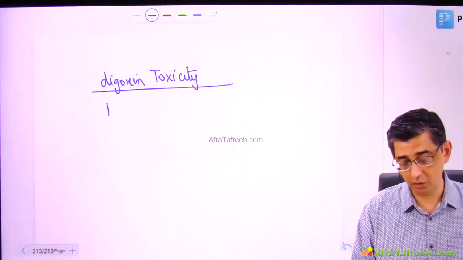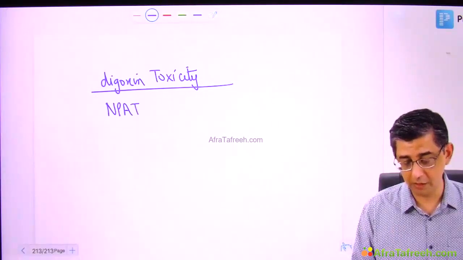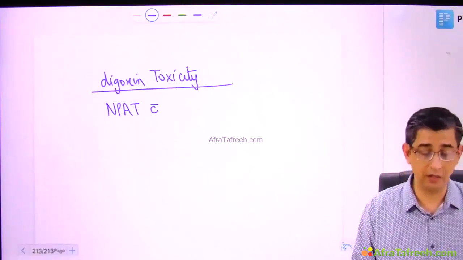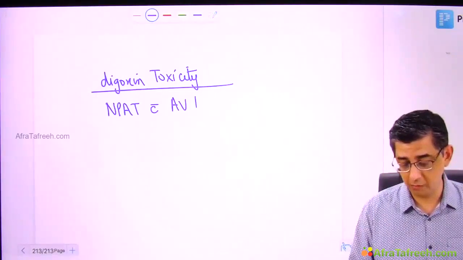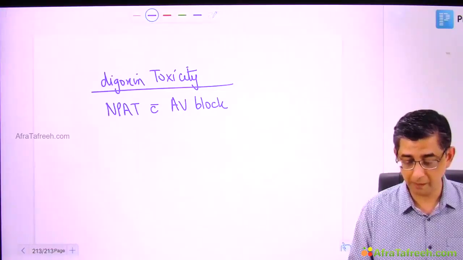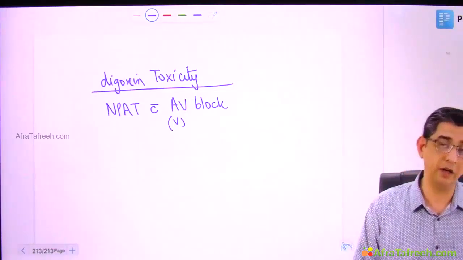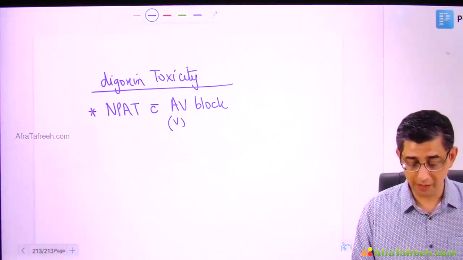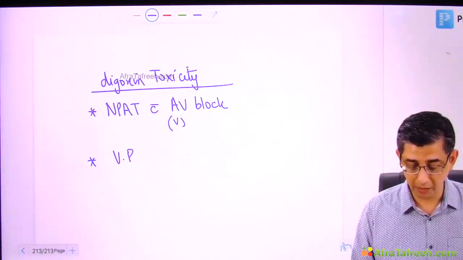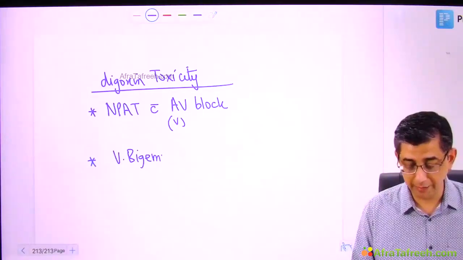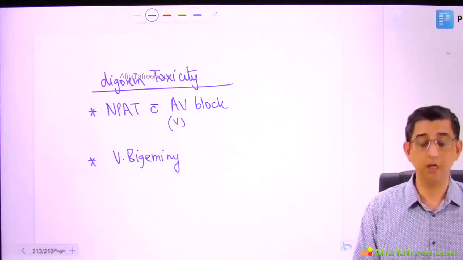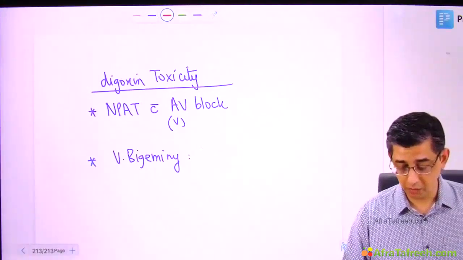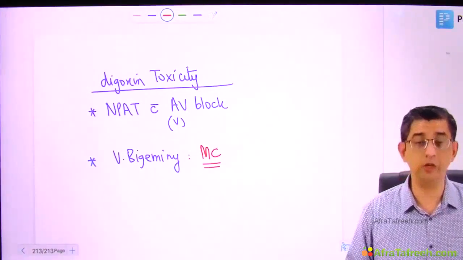Digoxin toxicity. There are two arrhythmias which are always described. One is non-paroxysmal atrial tachycardia with a variable AV block. I repeat once again, it would be a non-paroxysmal atrial tachycardia with a variable AV block, and second you will always read will be VB, that is ventricular bigeminy, which can deteriorate into ventricular tachycardia. If he says in the MCQ which of the two arrhythmias is more common, the answer is ventricular bigeminy.